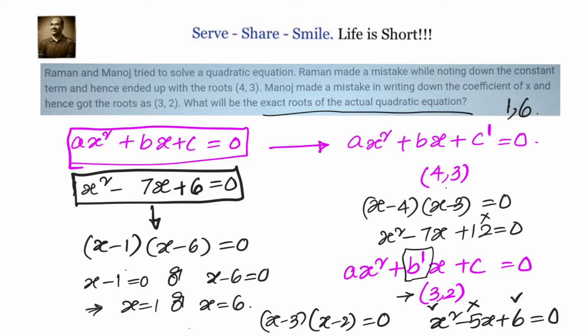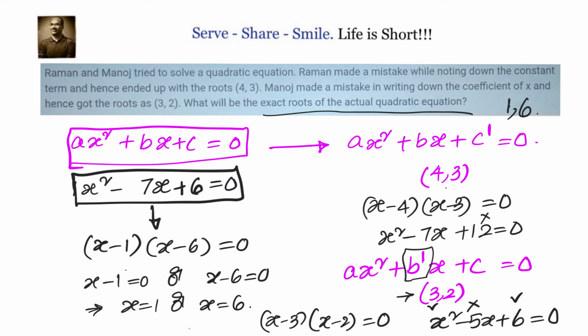But we know in this quadratic equation the constant term is wrong. So the quotient of x square is 1 and the quotient of x is minus 7. So ax square plus bx plus c equals to 0 is x square minus 7x plus constant term equals to 0. Now we have to calculate what is that constant term. For that we go to the next scenario.